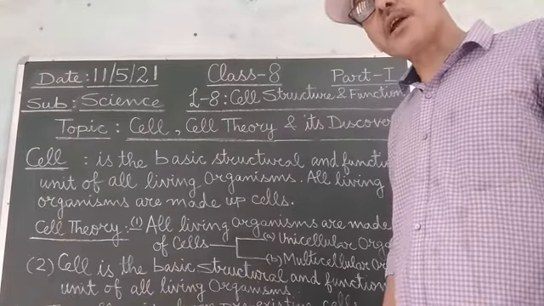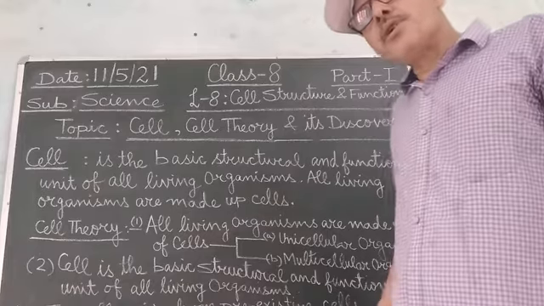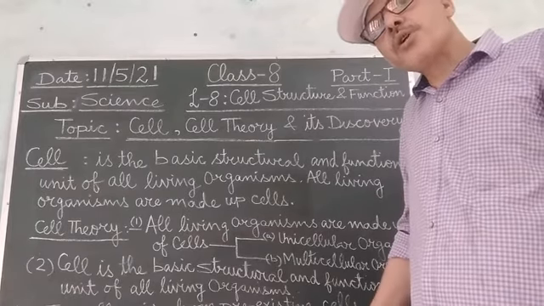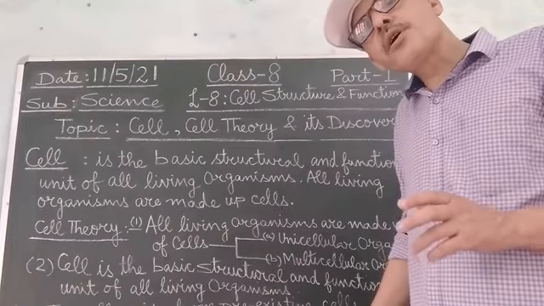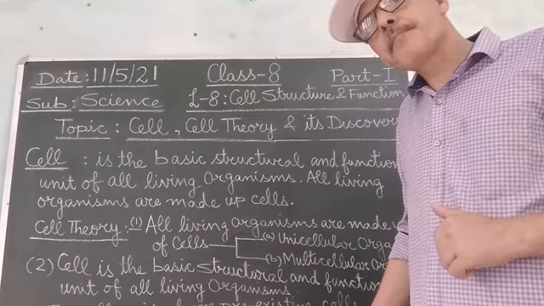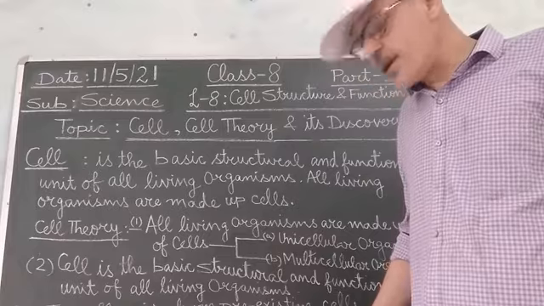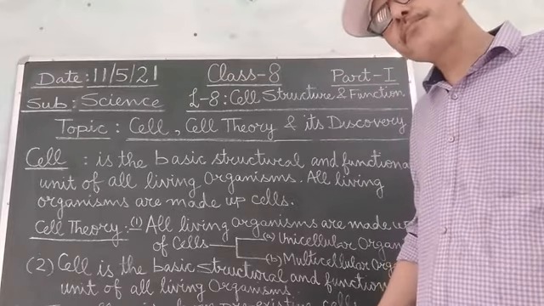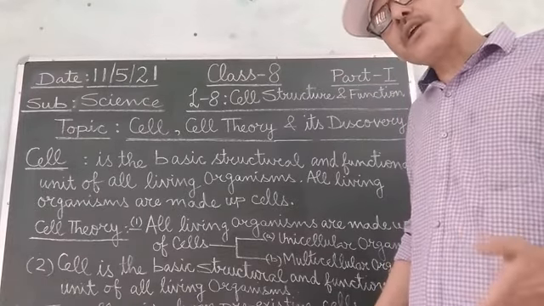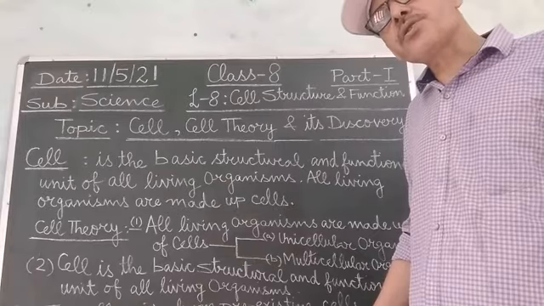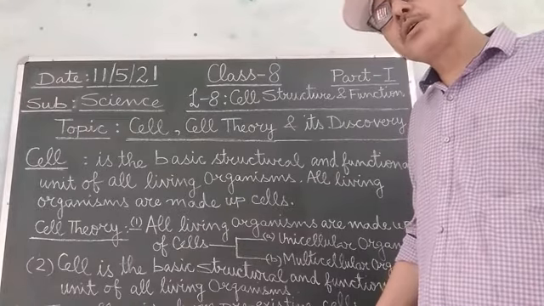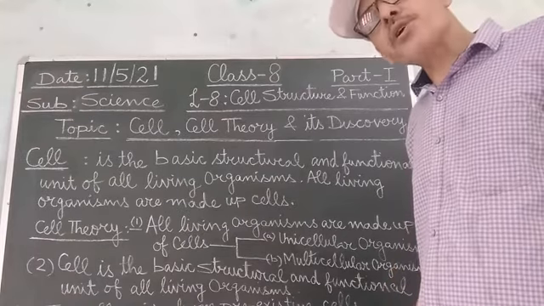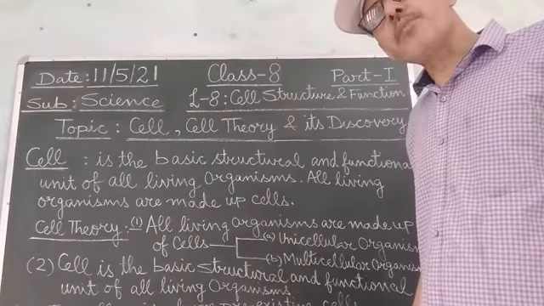Matthias Schleiden for the first time did the research on the plant cells in the year 1838. And one year later, another scientist named Theodor Schwann studied the animal cells.